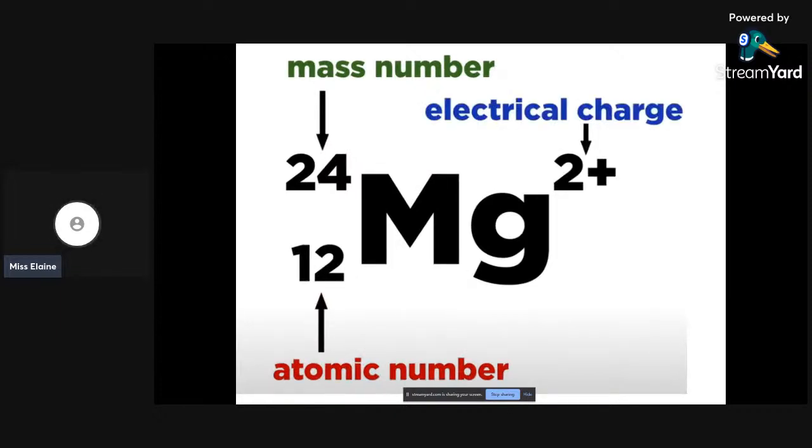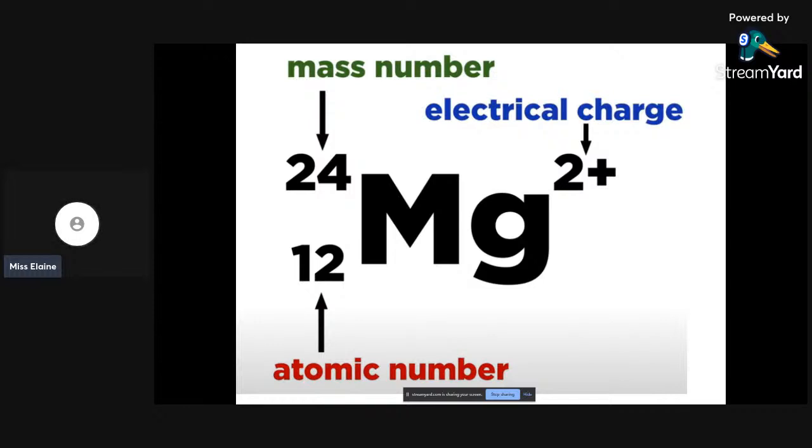How about this one? We already know the mass number and atomic number of this magnesium. But as you have noticed, some of the elements in the periodic table have an electric charge and some of them do not. Iba wala, iba meron. Some of them are 2 plus, 1 plus, or 1 negative or 2 negative, up to 5, 4, 3 and 4.